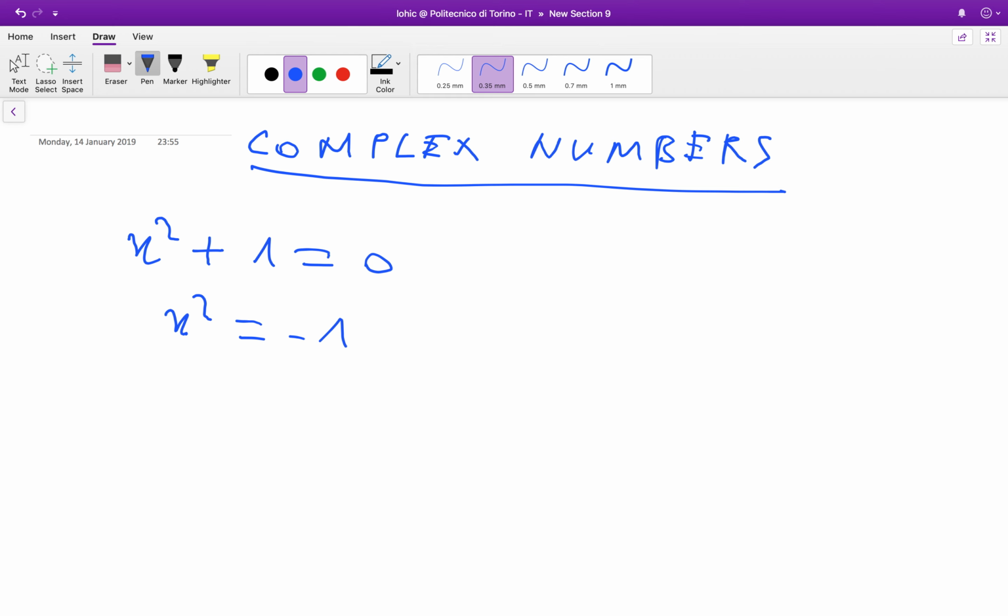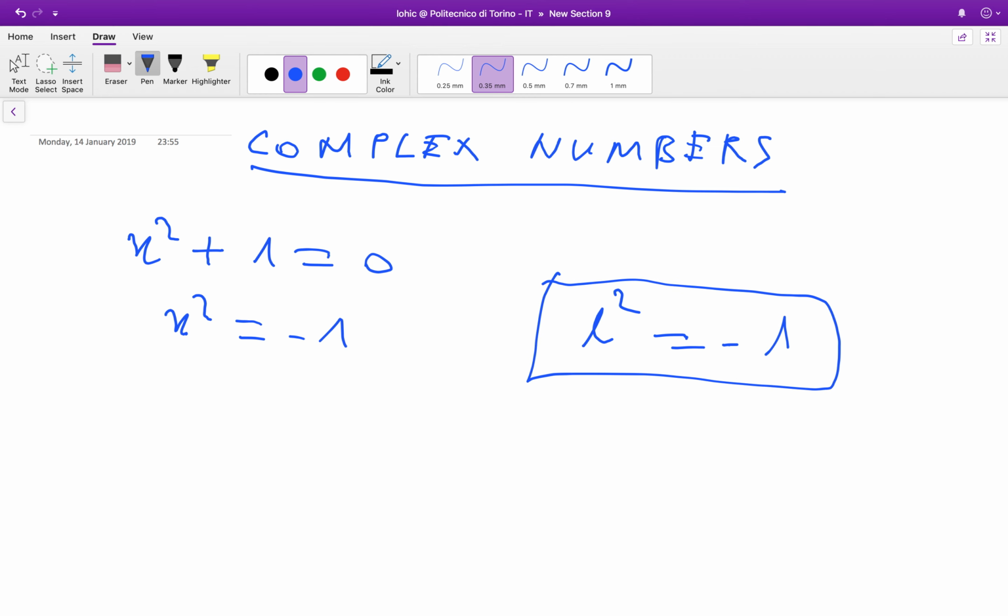But people said, okay, as there is no real number whose square can give minus 1, let's invent an imaginary number called i, such that i squared is equal to minus 1.